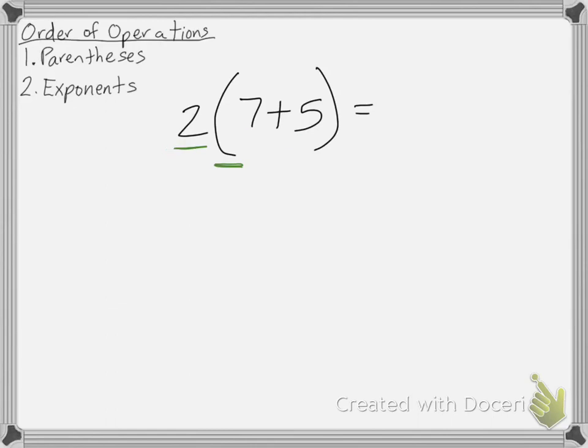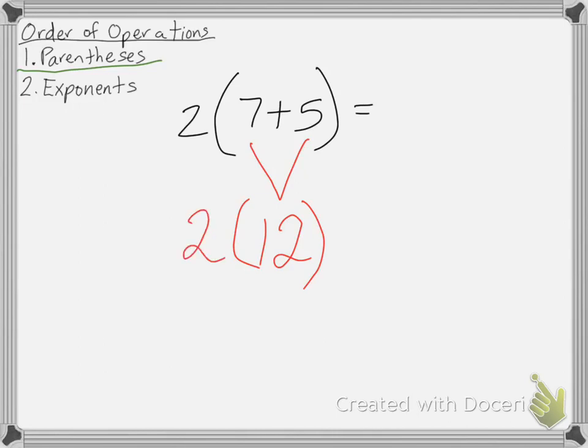But again, remember we do parentheses first. So I'm going to first solve 7 plus 5. 7 plus 5 is 12. Okay. I'm going to keep the parentheses there and bring my 2 down, because remember this tells me I'm doing 2 times 12. Okay. So I could write that as 2 times 12, and 2 times 12 is 24.